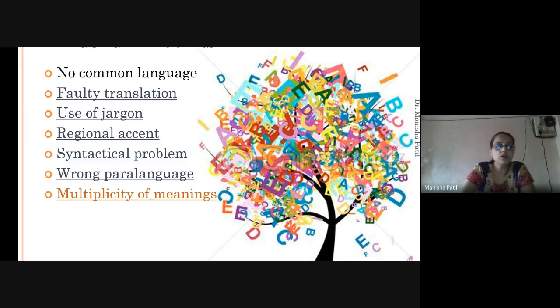Then we come to multiplicity of meaning. For example, take the right turn. Now right has two meanings, right and wrong, right and left. Which one do you mean? Mysore is a dry city. Now, what is the meaning of the word dry?